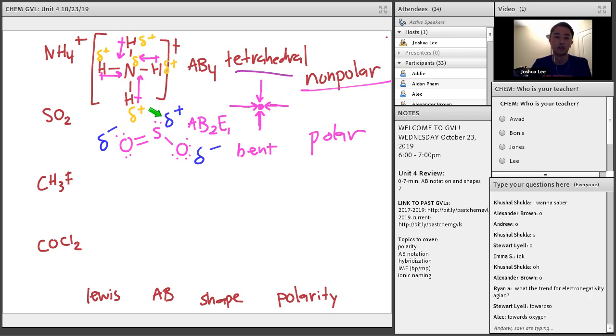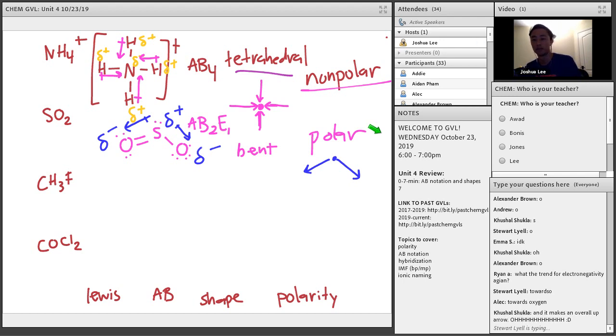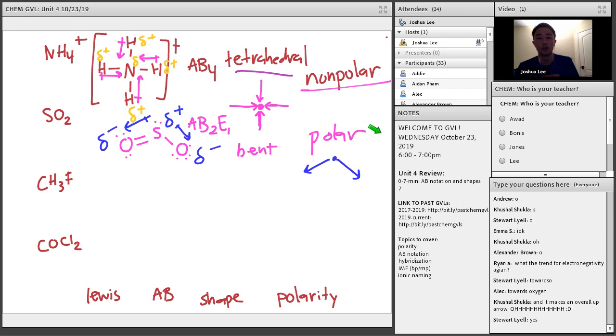Towards oxygen. This way, and then this way. So if I draw my ball, here's my ball, and I draw my arrows, is that ball going to move now? Yeah, it makes an overall arrow. In this case, it's an overall arrow down. The ball would move down that way. So there's an overall dipole. If there's an overall dipole, then they're not sharing their electrons evenly, then it's polar. So polar.